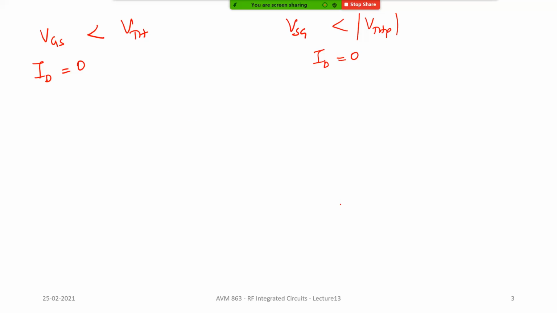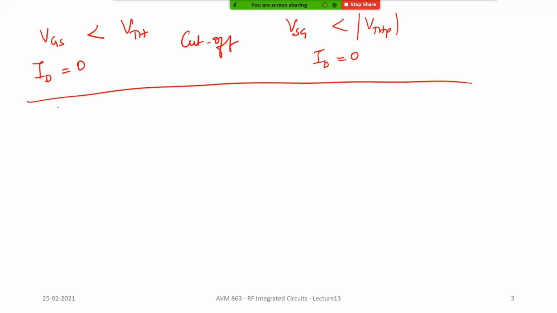This is what is called the cutoff condition, where the transistor is off. The device is operational only for VGS greater than threshold voltage, or in other words, VSG greater than modulus of VTHP.